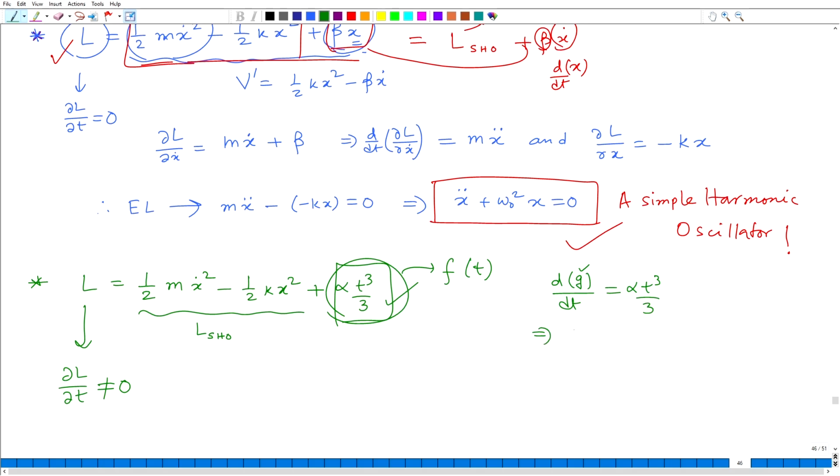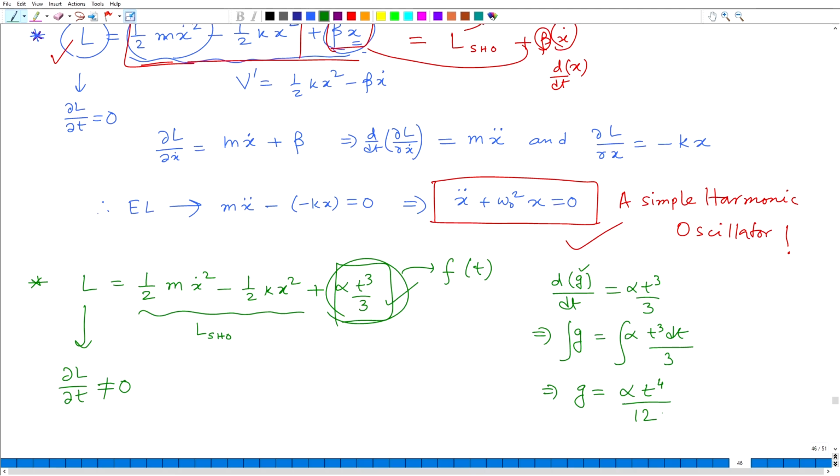I can then say, okay, let us do something like that, G should be equal to the integral of alpha t cube dt by 3, and if you integrate, just doing some proper integration constants, you can get rid of the arbitrary constant and you can actually say, okay, this G is nothing but alpha t to the power 4, so it will be by 12.